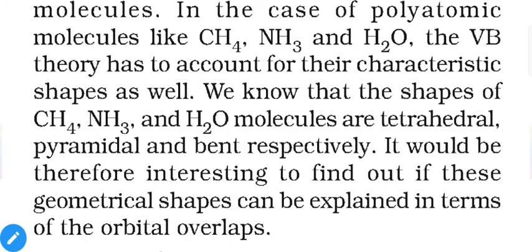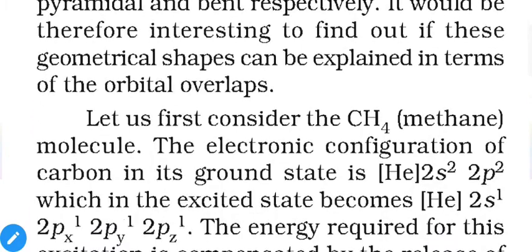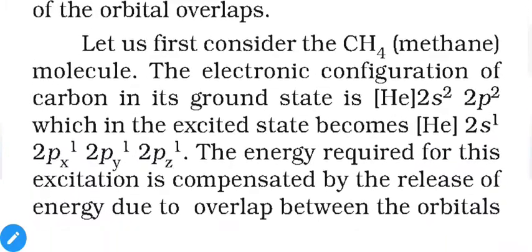Depending on the position of different atomic orbitals, we can explain the shape of a molecule as well. If this theory is accurate, it should explain the shape of a molecule as well as bond formation. So let us first consider the CH4 molecule.